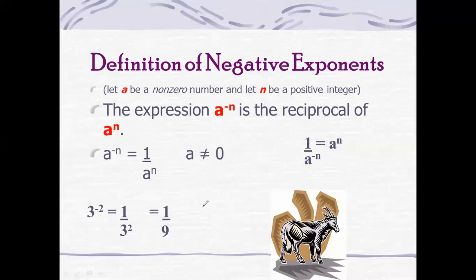What is 4 raised to the power of negative 3 written in its reciprocal?